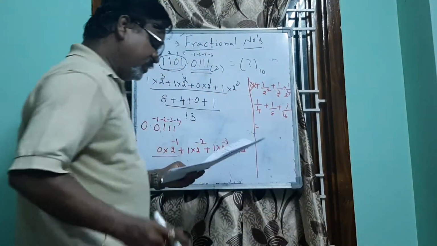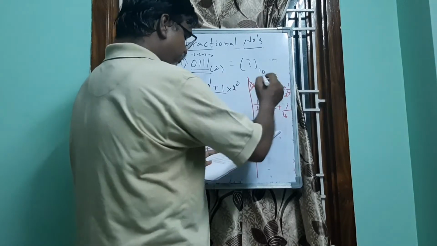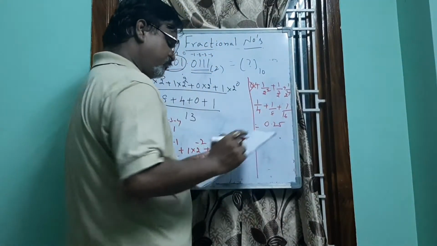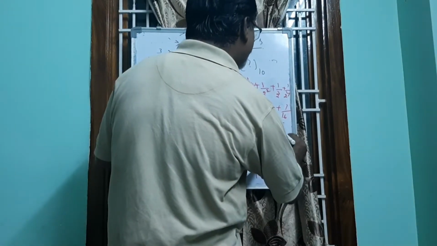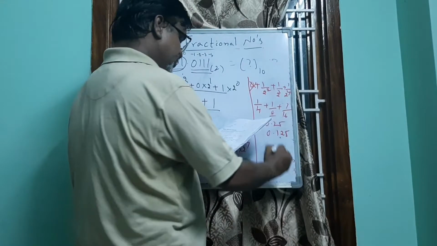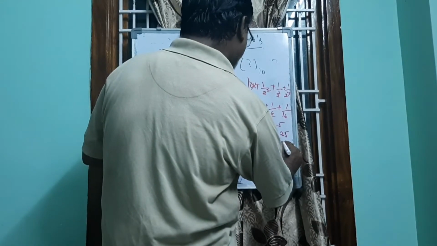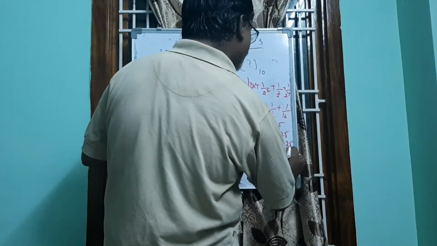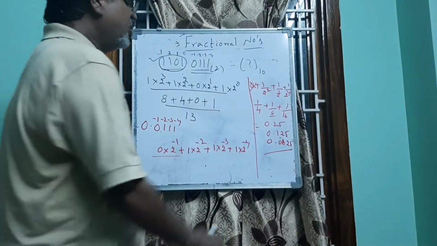So this is equal to 0.25, which is 1 by 4, 0.125, which is 1 by 8, and 0.0625, which is 1 by 16. Now these three values you have to add.